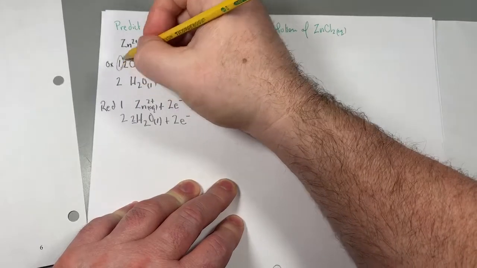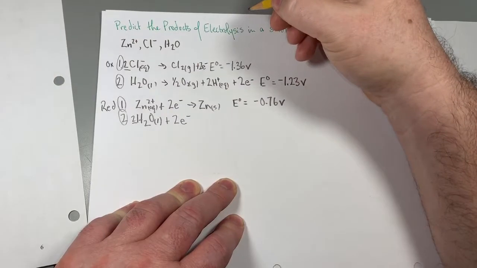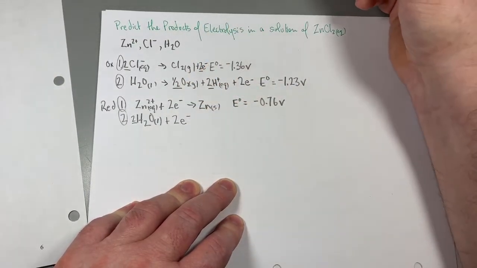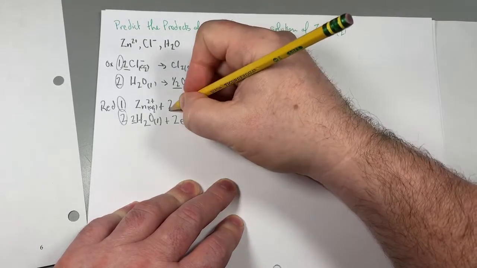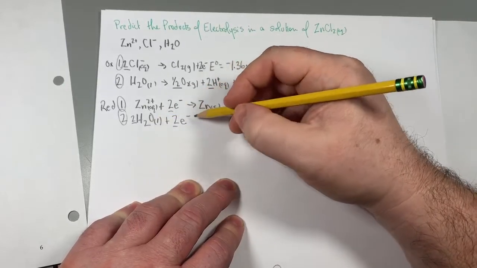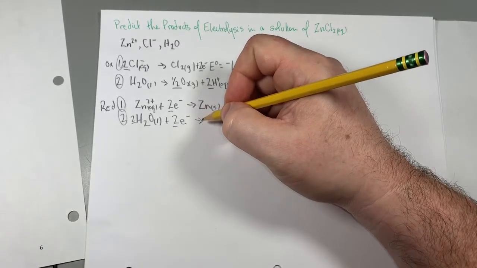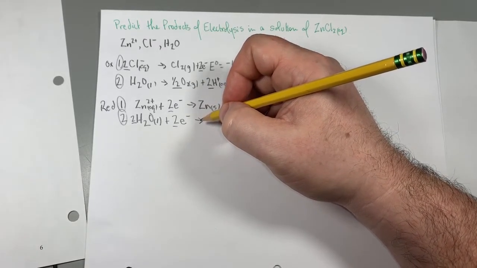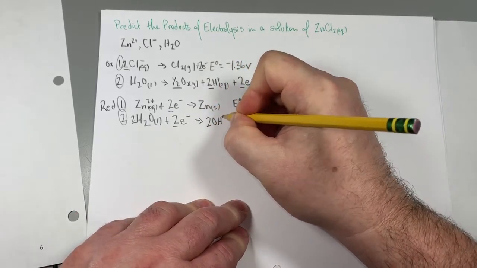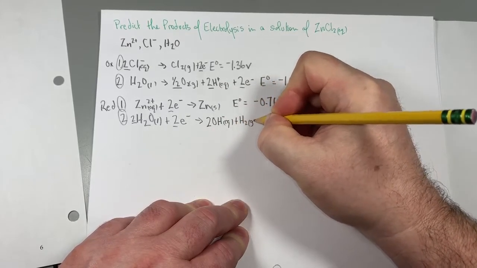I've just realized that my coefficients to balance the reaction will stand out if I underline them, just to be careful. 2 water plus 2 electrons is going to make 2 hydroxide plus H2 gas.